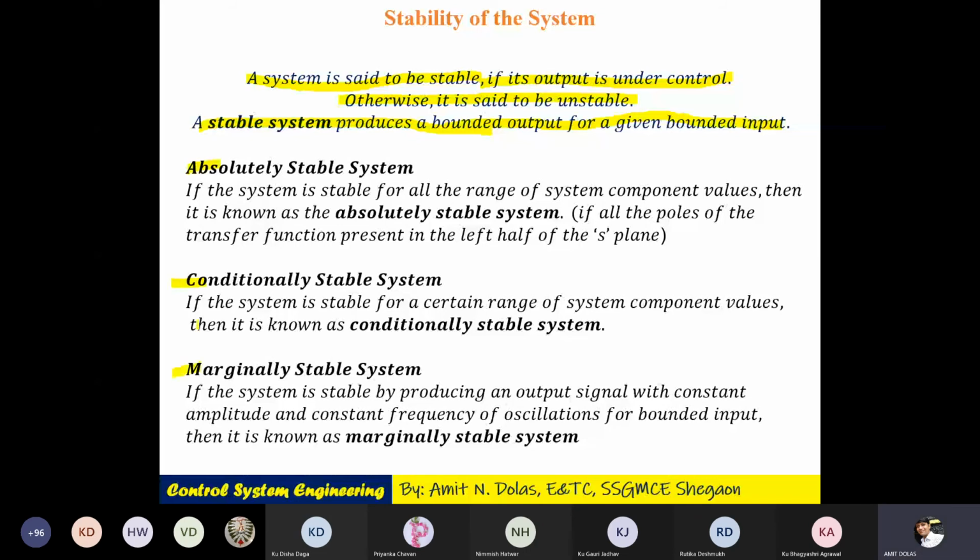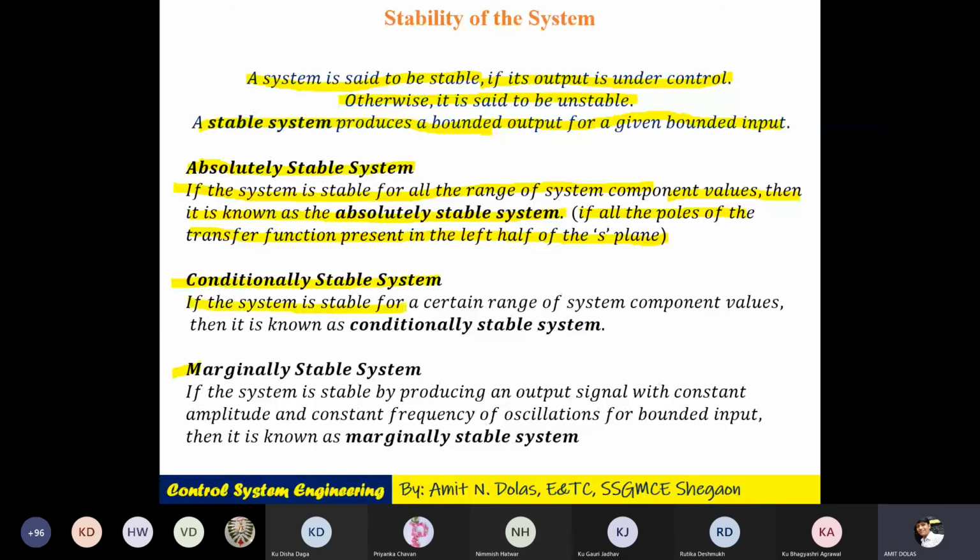Here you can see the absolutely stable system. If the system is stable for all range of the system component values, then it is known as an absolutely stable system. That is, if all the poles of the transfer function are present in the left half of the S plane, then it is an absolutely stable system.